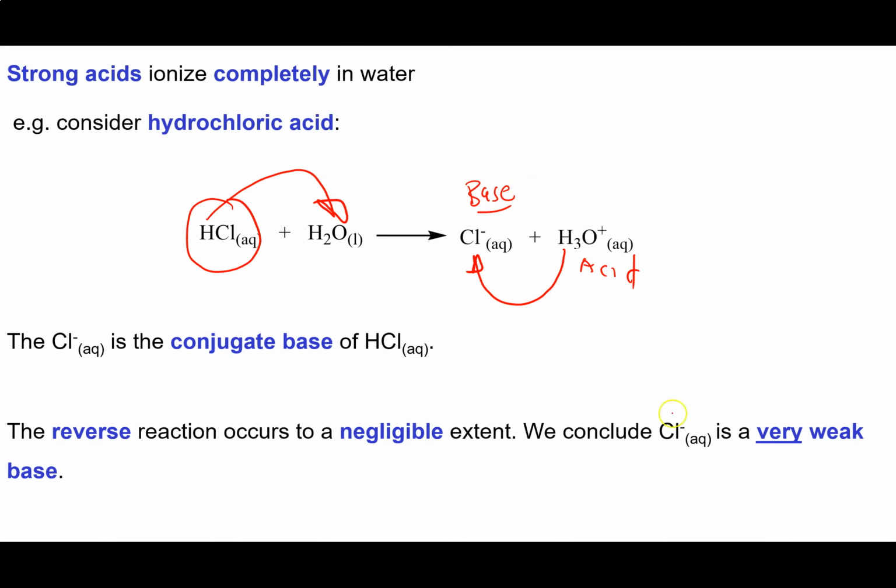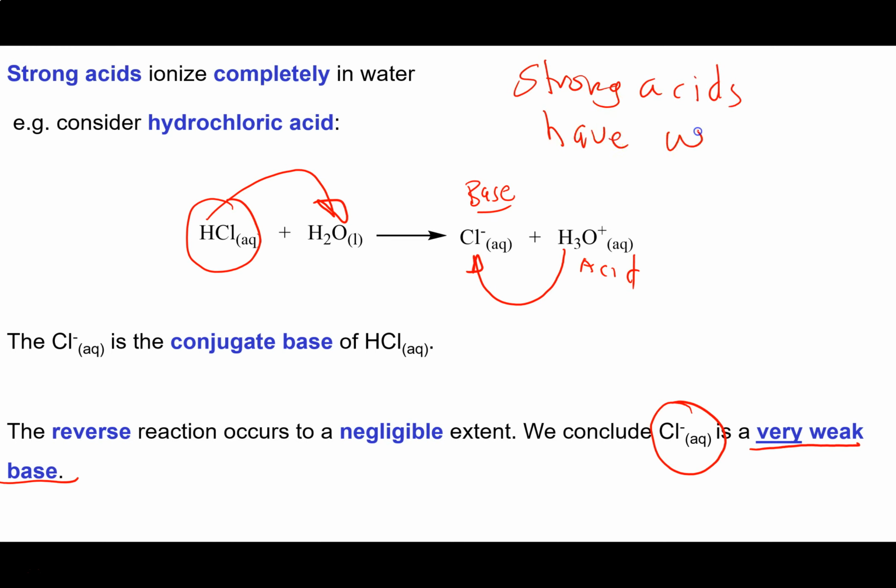What it's telling me is that the chloride anion is ridiculously weak, right? So strong acids have weak conjugate bases. And in this case, the reverse reaction doesn't happen at all, which means that the chloride ion isn't a base at all.